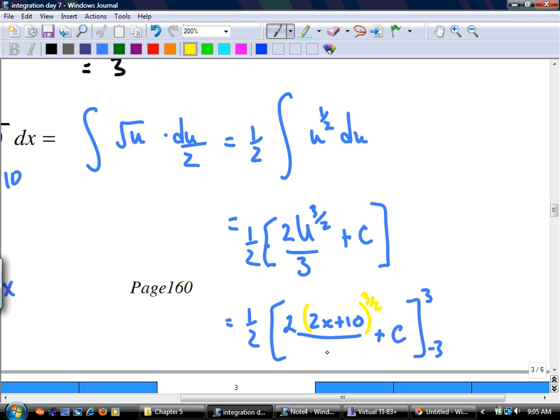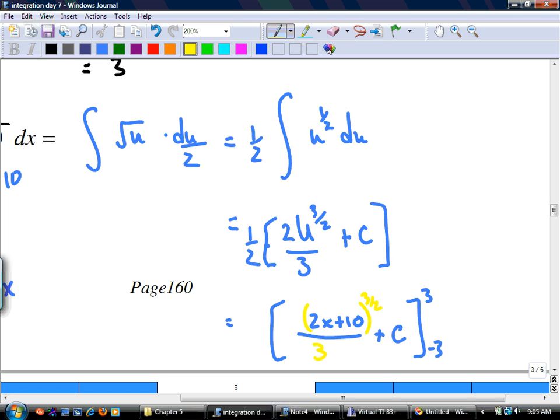You could write it as you could do that, because the c doesn't matter. You multiply that half in, it becomes a half c. Big deal. You're going to subtract them anyway, so it doesn't matter, right?